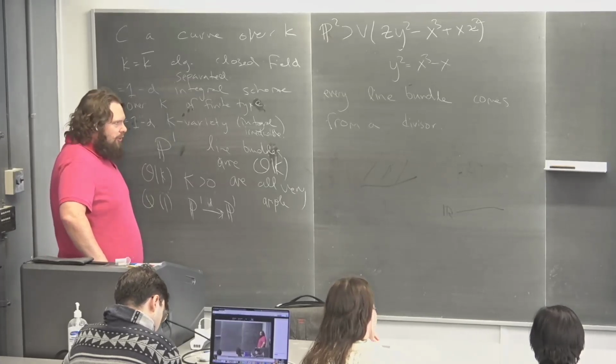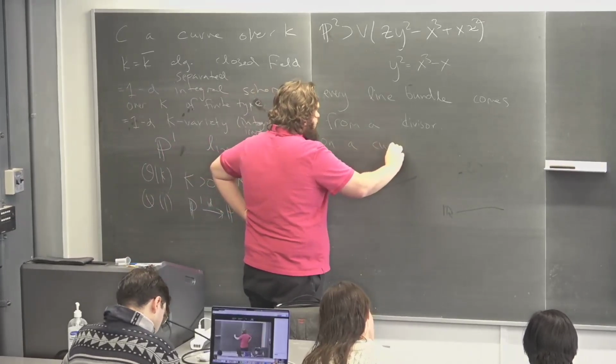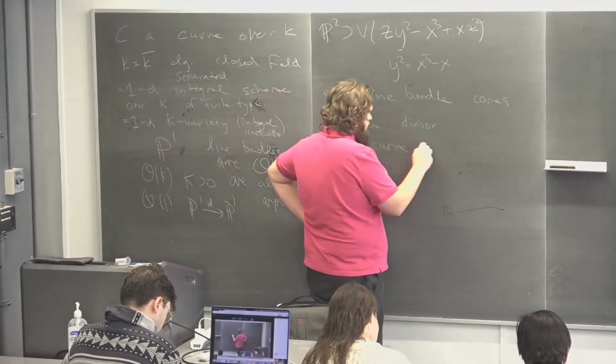What's a divisor on a curve? On a curve, that just means a formal sum of points.